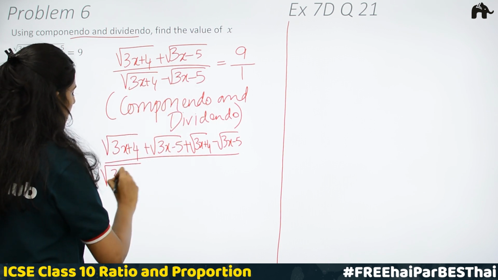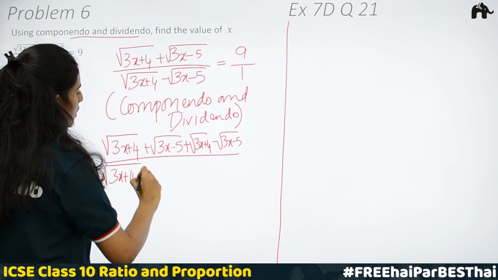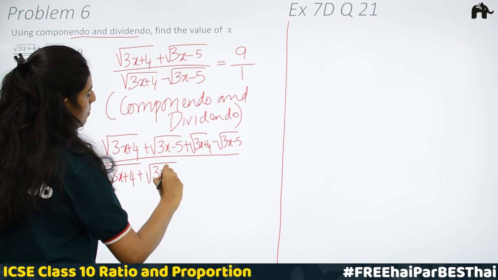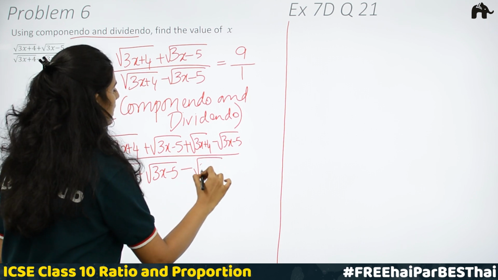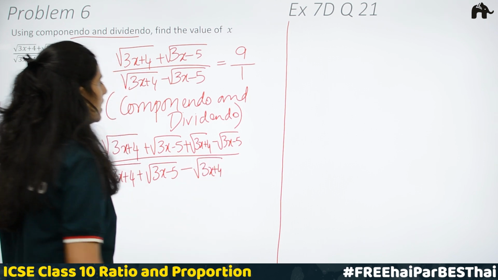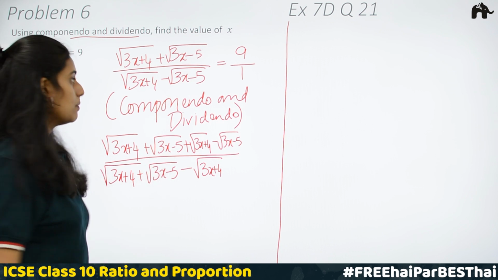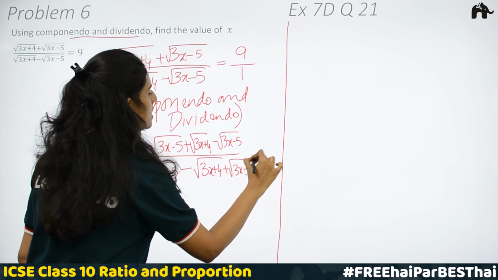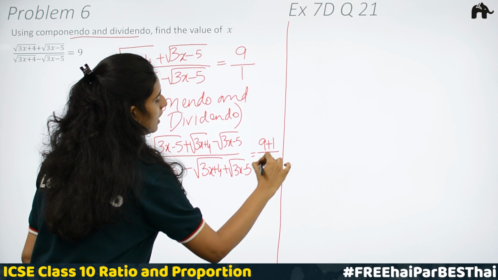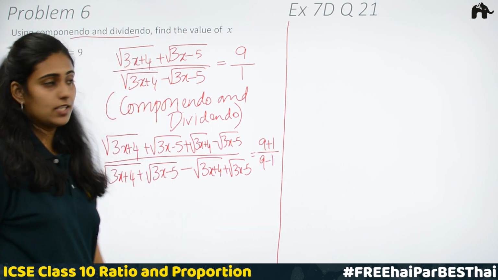Root of 3x plus 4 plus root of 3x minus 5 minus root of 3x plus 4 minus of minus plus root of 3x minus 5 is equal to 9 plus 1 divided by 9 minus 1.